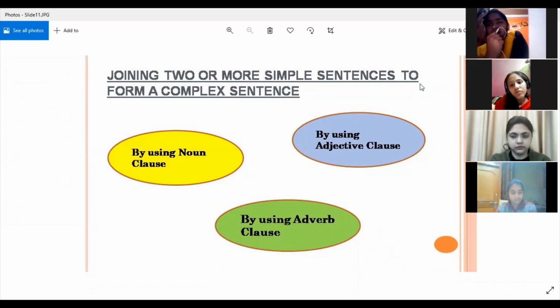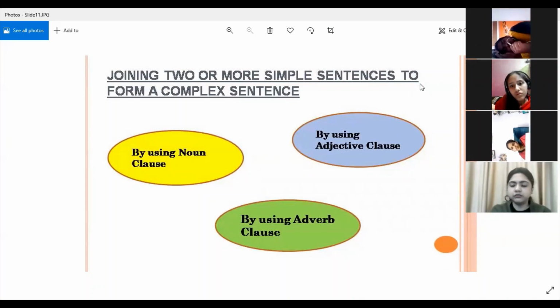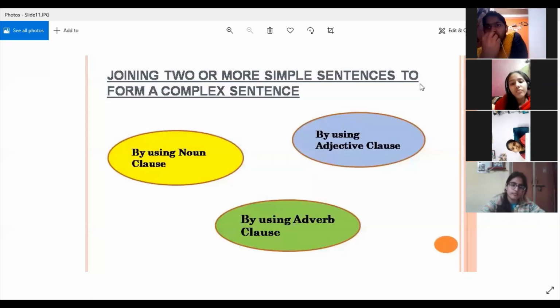Joining sentences with the coordinating conjunction? That's incorrect. A coordinating conjunction will give you a compound sentence. Yes, Khushi? Complex sentences are joined by subordinating conjunctions. Yes, they are joined by subordinating conjunctions.